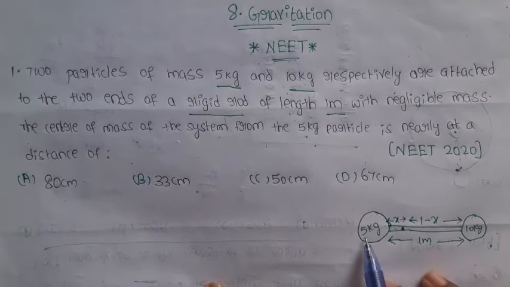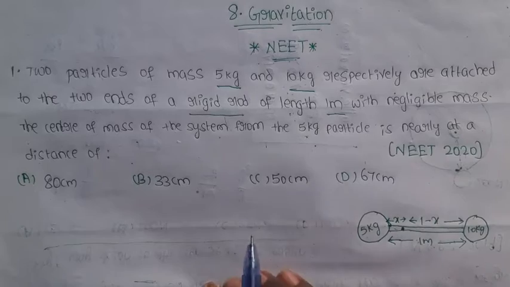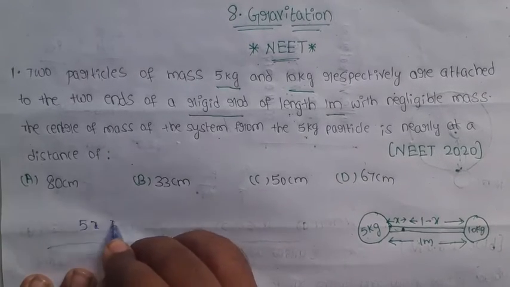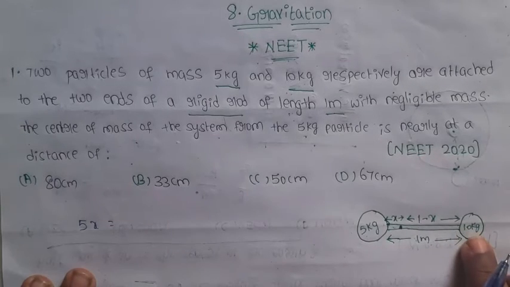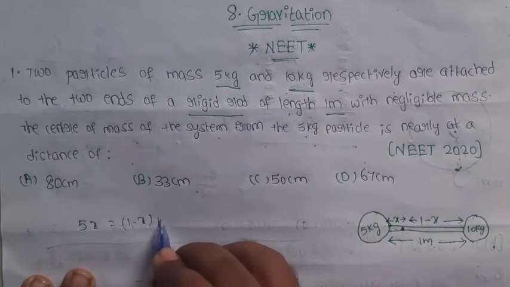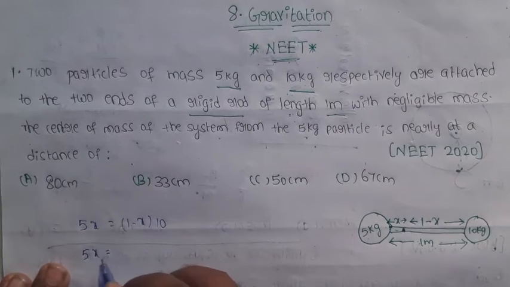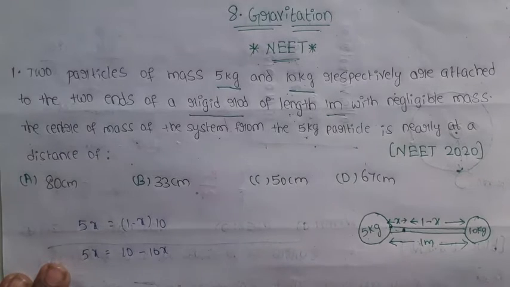So here 5 kg mass of the object, distance is x. So 5x is equal to 1 minus x into 10 kg. Okay, so 5x equal to 10 minus 10x.